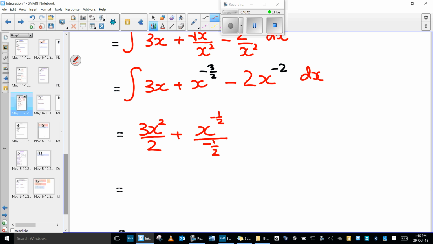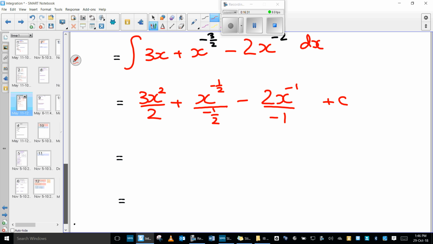Okay, minus 2x to the, what's 1 added to negative 2? Negative 1, over negative 1. So this first term is fine, we don't need to do anything with that. That's just 3x squared over 2.